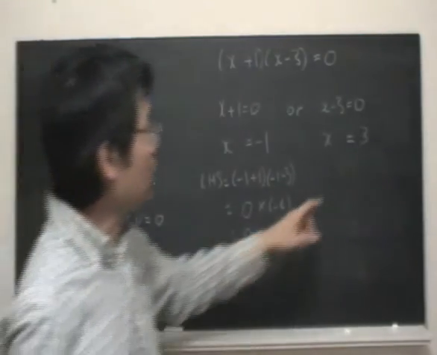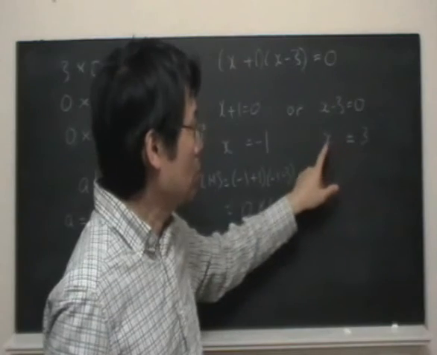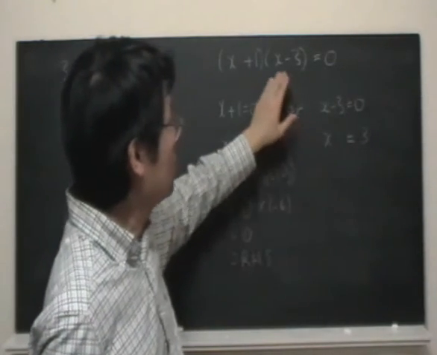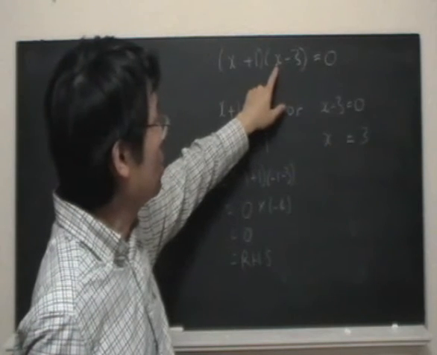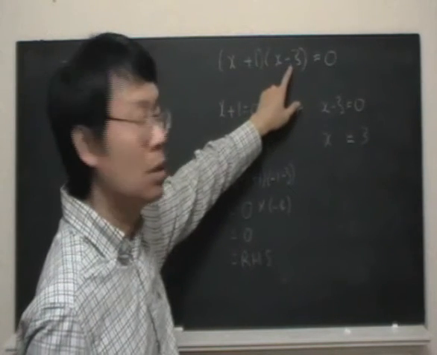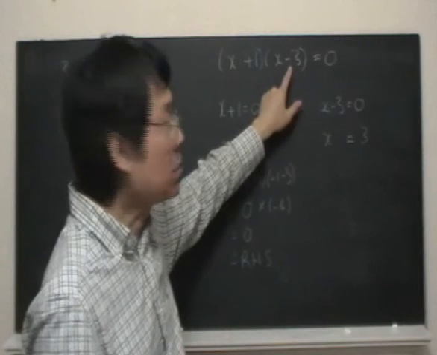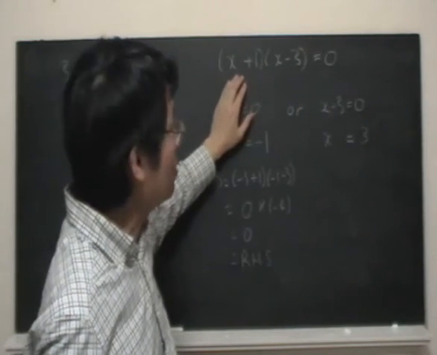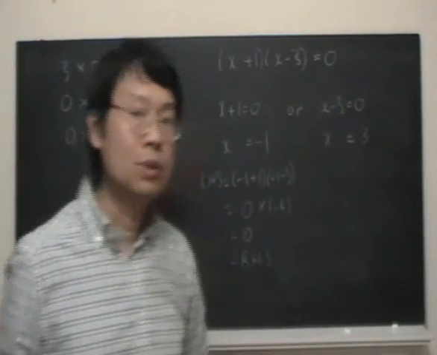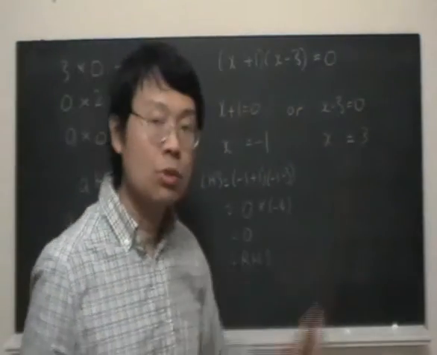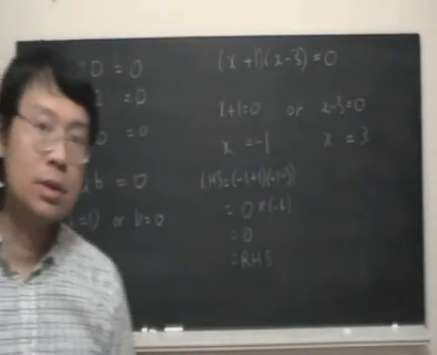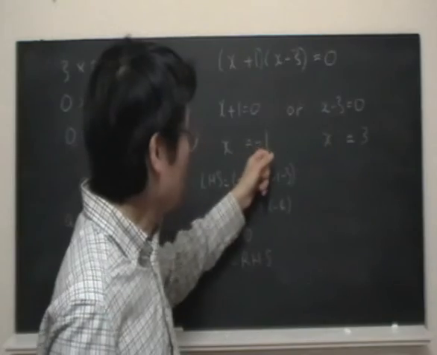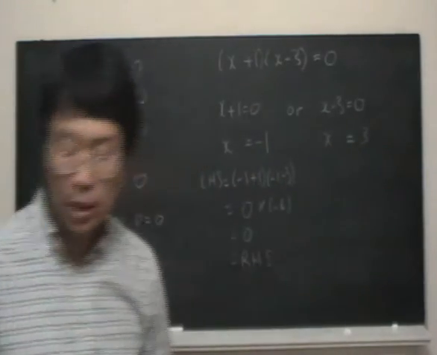In the same way, if you substitute x equal to 3, the other answer, into this equation, you will get on this bracket 3 minus 3, which is 0. Then 0 times any number in this bracket will give 0. So therefore, x equals 3 is also a correct answer. That means that both x equal to minus 1 and x equal to 3 are correct.